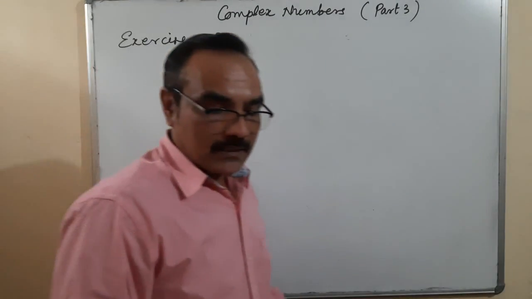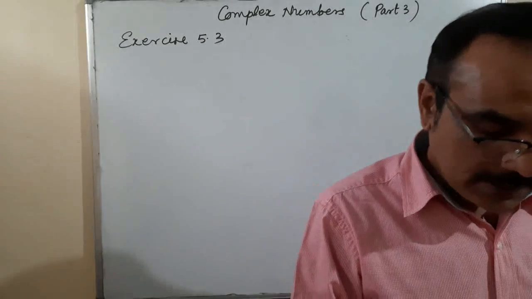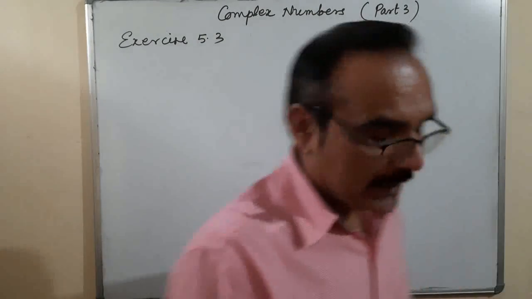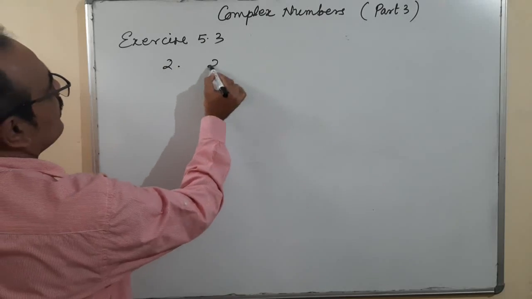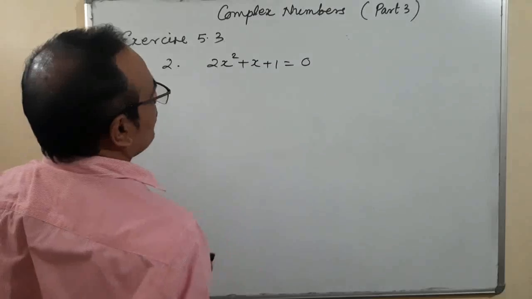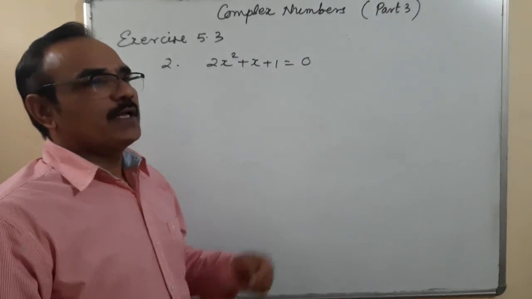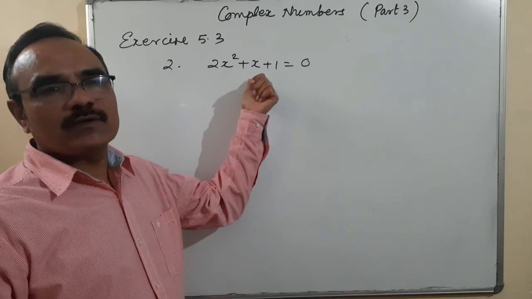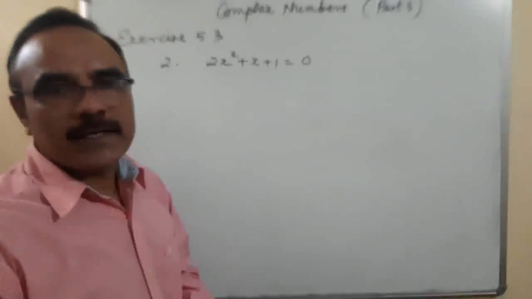Now let us take another question. Second question: 2x square plus x plus 1 is equal to 0. It cannot be split into two parts, so it can be solved only by the quadratic formula.